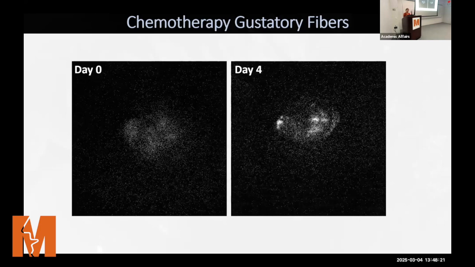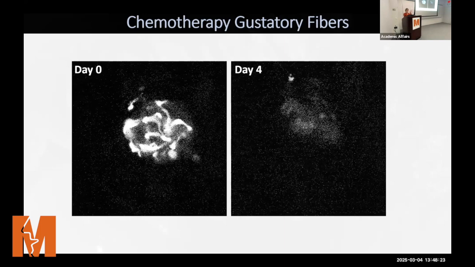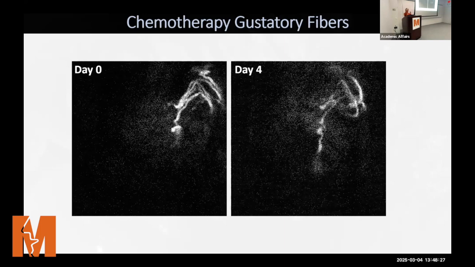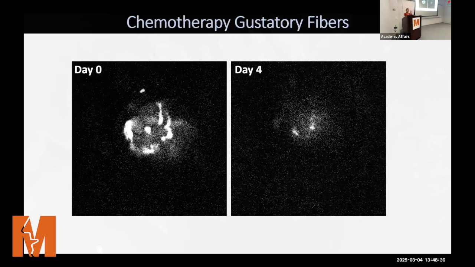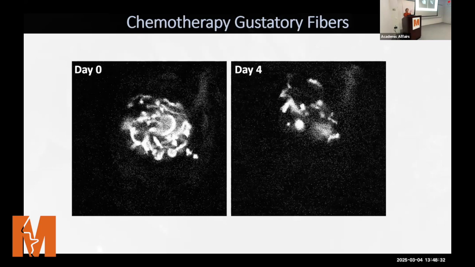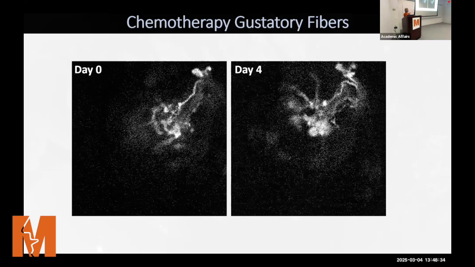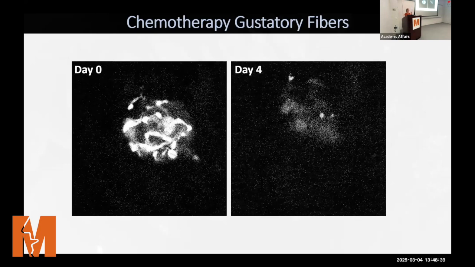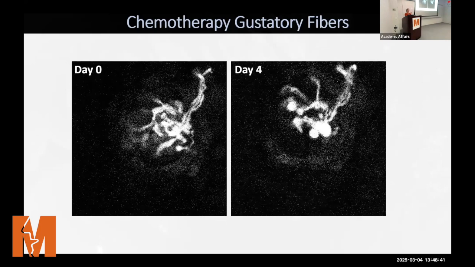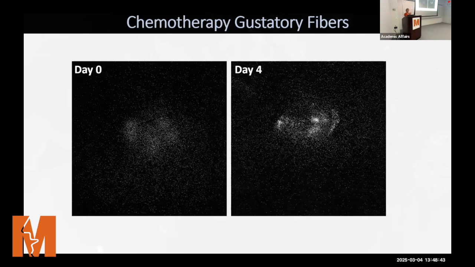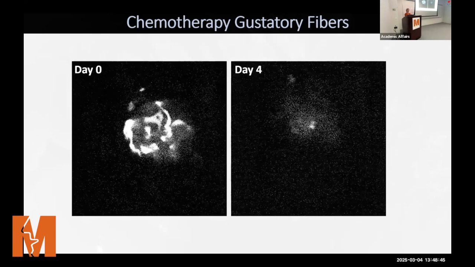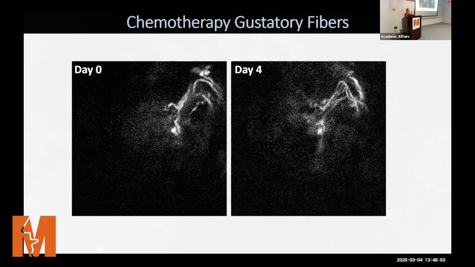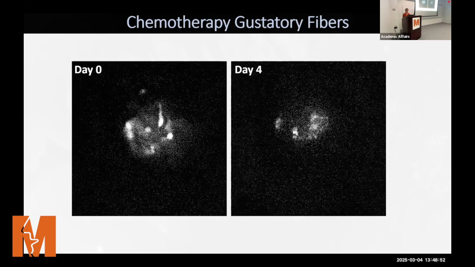You can see the biggest effect is at the more dorsal region of the buds, which have reduced their innervation. At the core and the base of the bud, it remains mostly the same. And so we think that this indicates that the fibers are either retracting down to the core or they might be breaking. We don't know yet if there's breakage happening in the fibers or if they're just actively retracting.